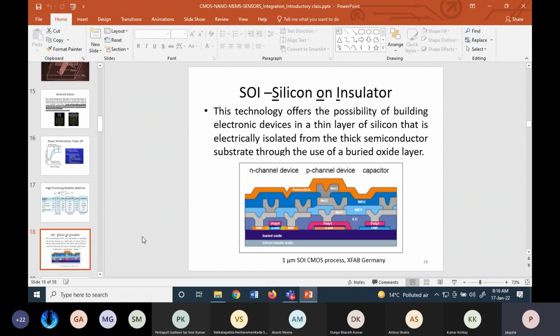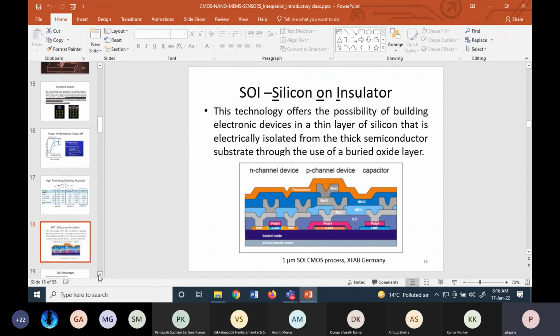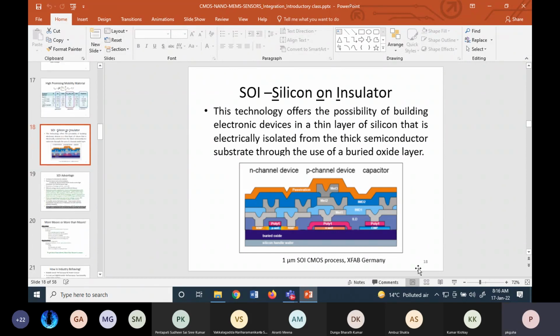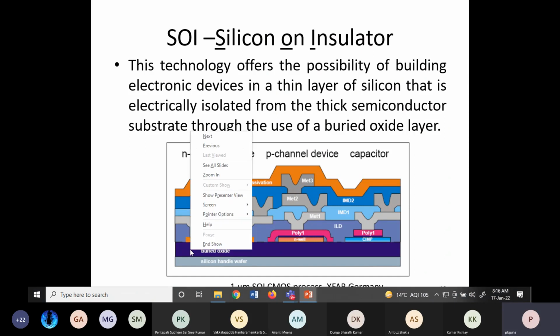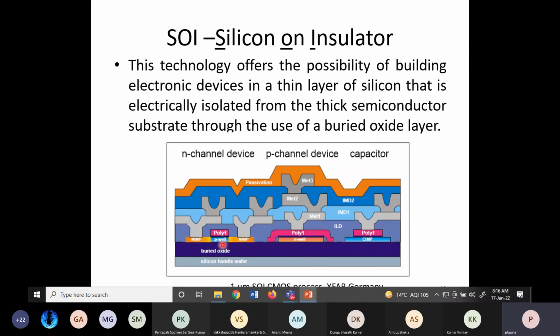We have briefly mentioned SOI. SOI is, as I told you before, silicon on insulator, where there is an insulating layer between handle silicon and the active silicon, or in other words, the active silicon is on top of buried oxide.